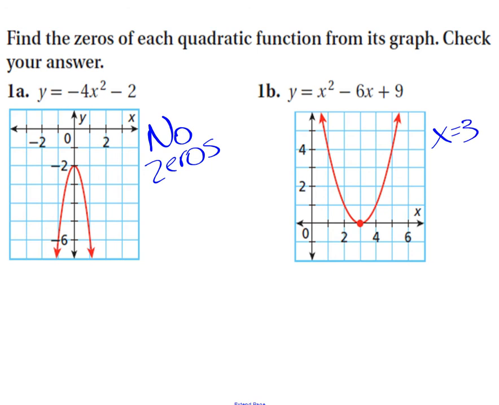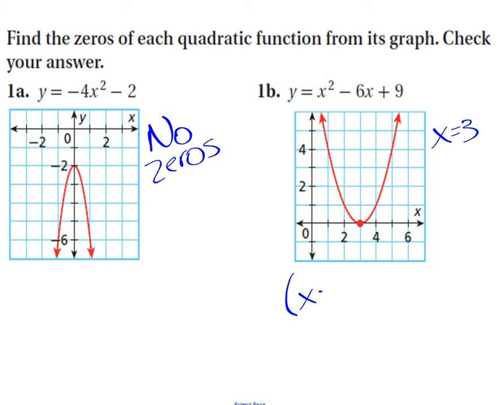So now, using what we talked about, what do you think the factors of this are going to be? Not x plus 3. Remember, it's got to be the opposite. Well, since there's only one answer for this, it's already x squared, so we can't take a greatest common factor out of this.